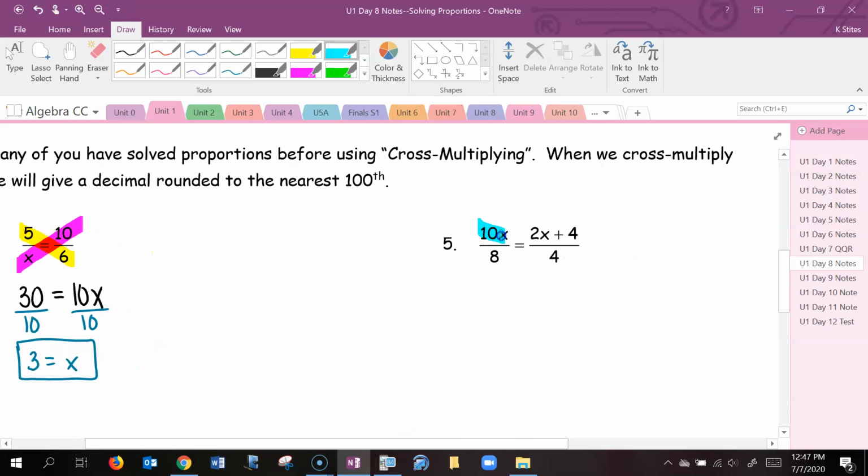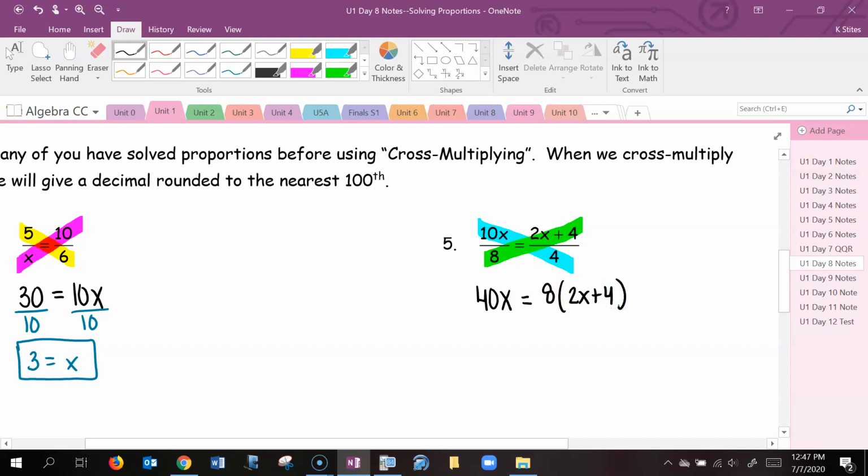Okay, we're going to start cross. 10x times 4 is going to be 40x equals cross. Now, this one's a little different because this 2x plus 4 has addition here. So this 8 is not just multiplying to the 2x, it's actually multiplying to both of those. So what I like to do is write it as distributive property.